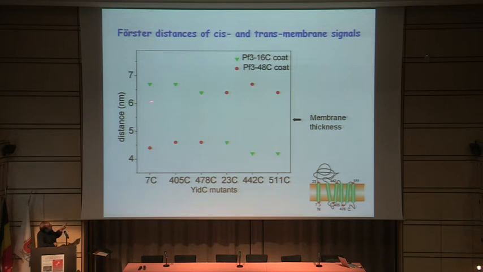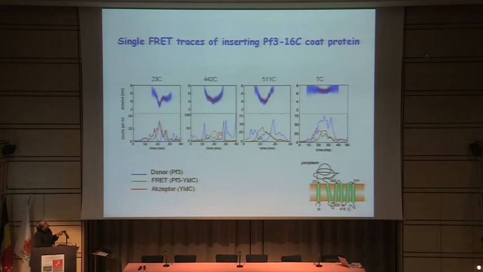There is always the membrane in between, and here are all the signals when they are on the same side of the membrane. So either they translocate like these, or they just collide on the cis side. And you clearly see the membrane in between, so you can distinguish the two sides just by these FRET signals.